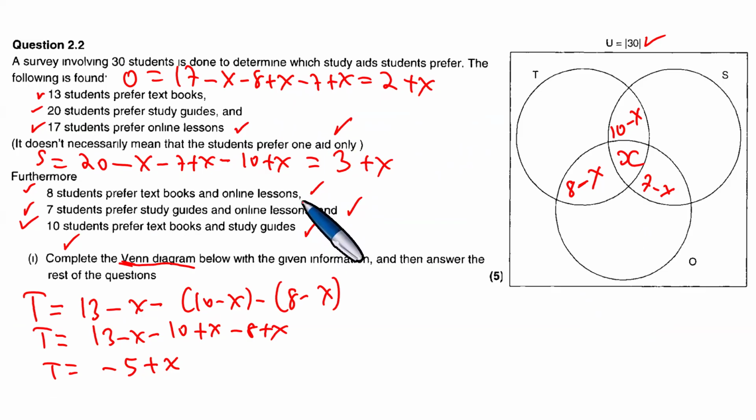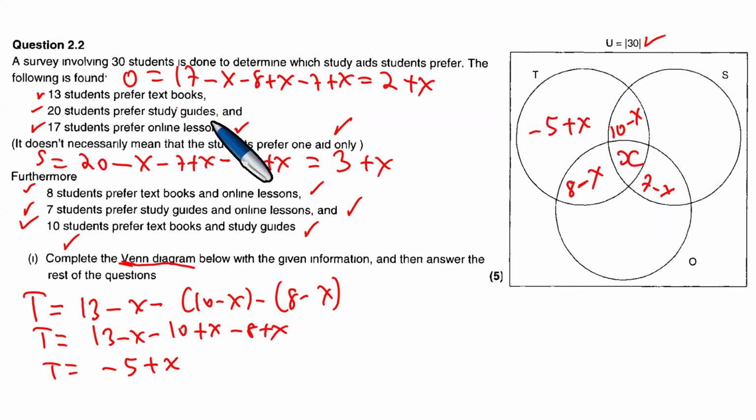So now this is exactly what we have. If we think about this very well, we have got this particular result here. We're going to add every single bit we have got. From the textbooks, which is 13, when we subtract everything, we have X minus 5.